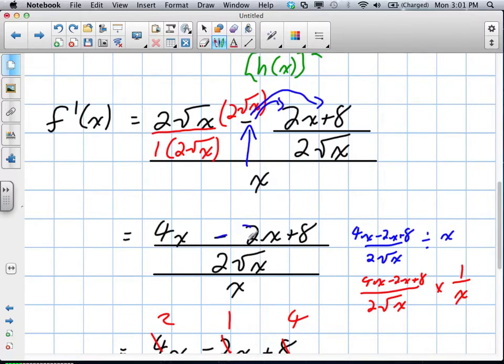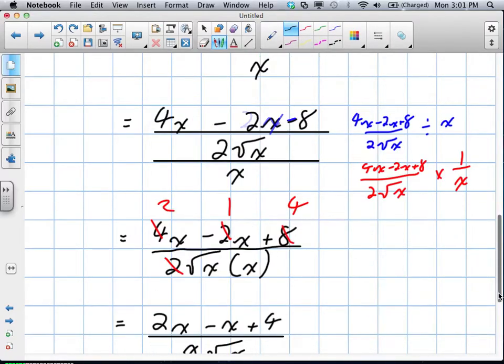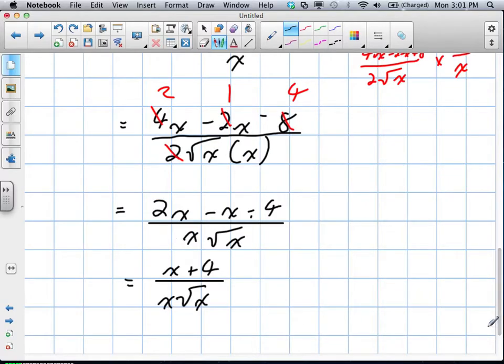So this should have been negative 2x, but it should also have been negative 8. Small mistake. Because that should have been negative 8, that makes this and this negatives. And finally, we should have x minus 4 in the end, not plus. Small error, but the process is the exact same. So x minus 4 over x root x.